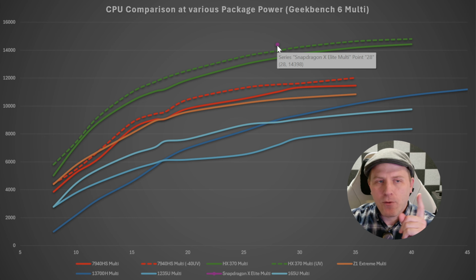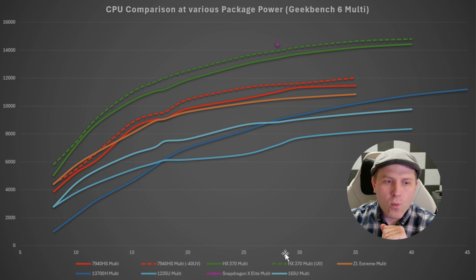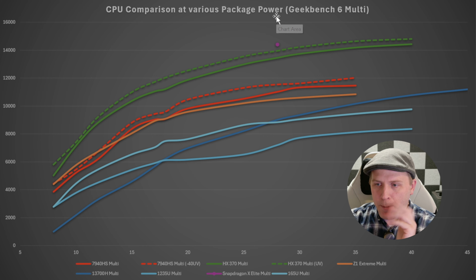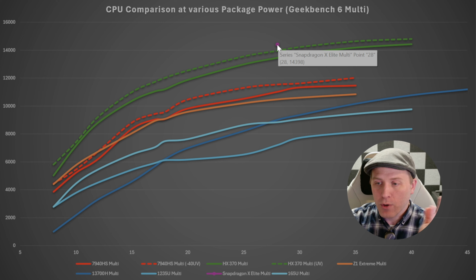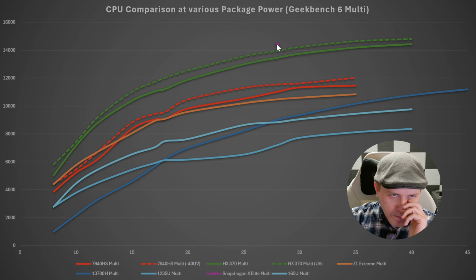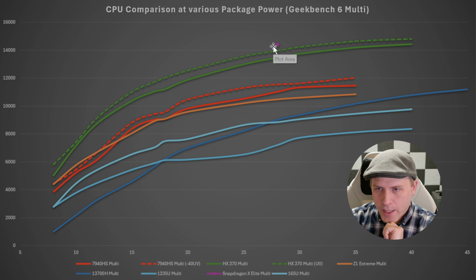The reason I only have one data point for the Snapdragon X Elite is I could only verify one wattage level with that, because there's no tool that I know of to actually manipulate the Snapdragon's power profiles. So I had to trust it at its 28 watt level and give that power consumption. So Snapdragon X Elite ends up being the most powerful in the multi-core test, but I really don't know what its curve looks like.